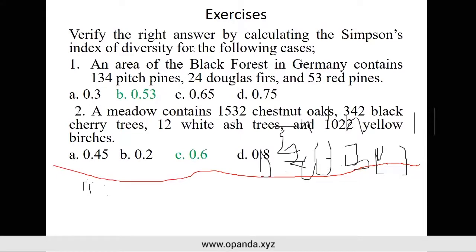Almost mine of 0.53. Is it okay? Now you understand well. The same to others? Yes. Very good.